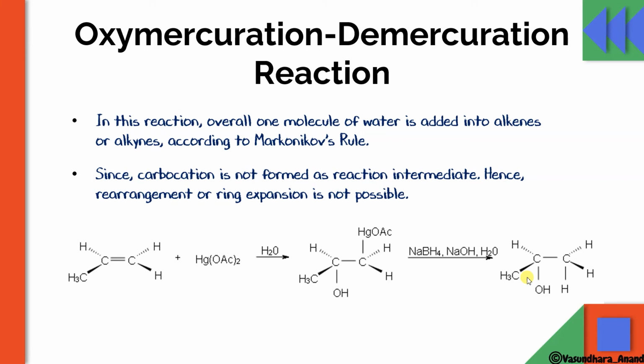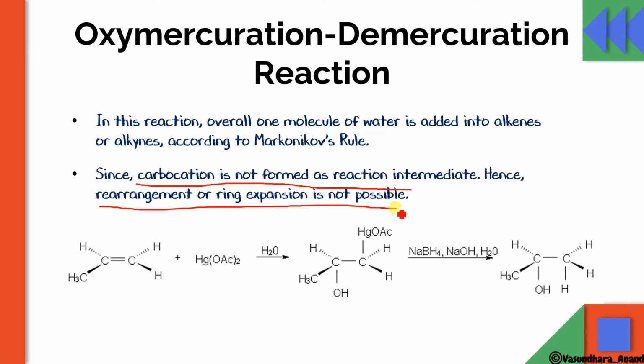Since a carbocation is not formed, this is the point to be learned: carbocation does not form here. In oxymercuration-demercuration there is no carbocation formation, and that's why there is no rearrangement or ring expansion and ring contraction here. So be careful: since there is no carbocation formation, we will not go for any kind of rearrangement or ring expansion to make it stable.